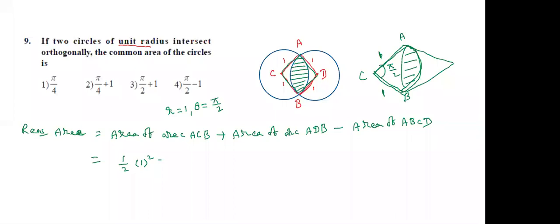So half r square theta plus half r square theta, minus the area of the square here, which is 1 square. Finally, half pi by 2 into 2, that is how much, students? Pi by 2 minus 1. This is the required area. So the fourth option is correct.